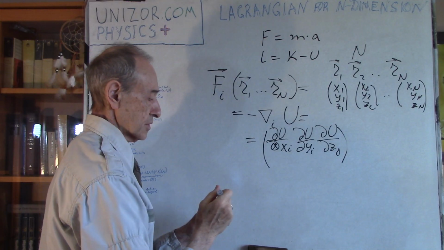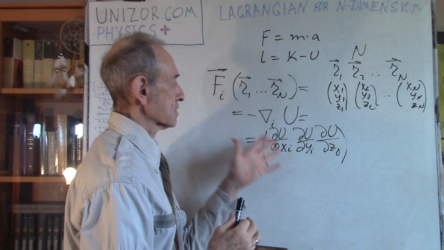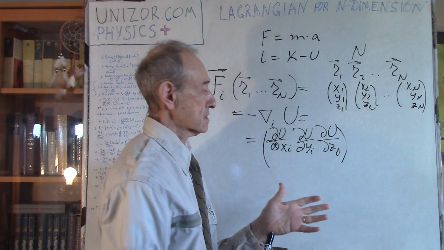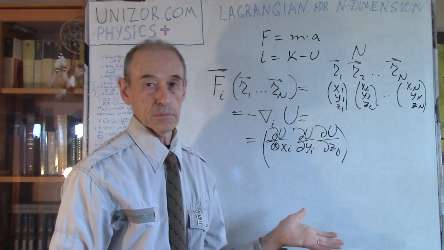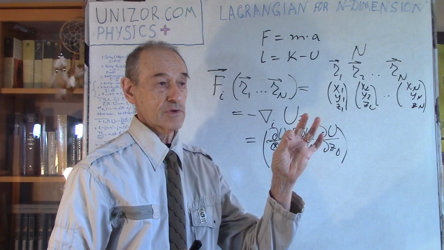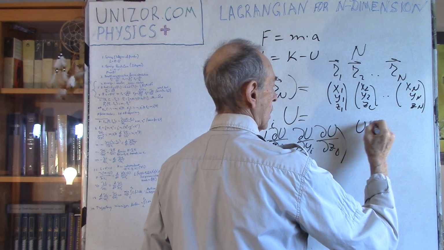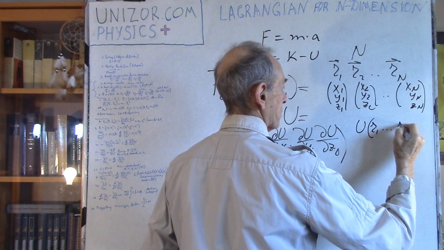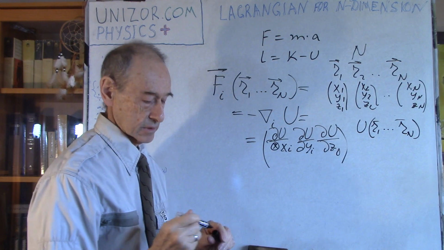So I assume that this is kind of a known thing, and because forces are conservative, we can do this, and U is the potential, which is basically the potential energy at every point. U obviously also depends on all the positions of all our n vectors.